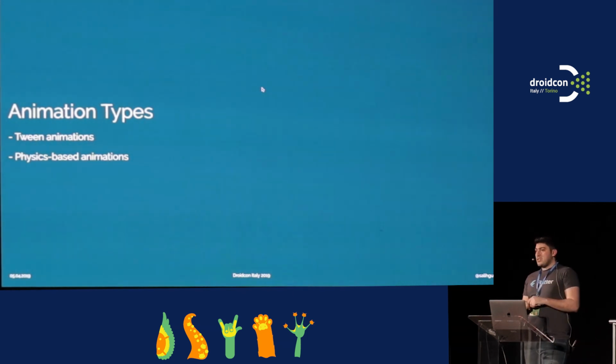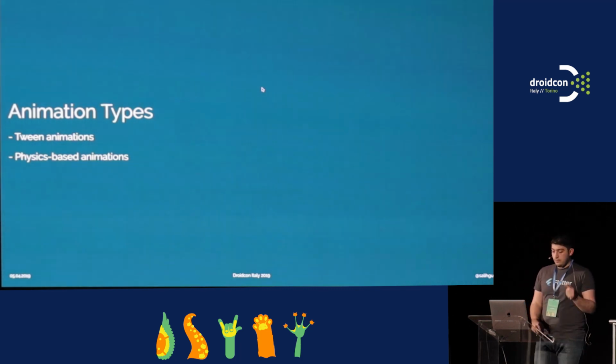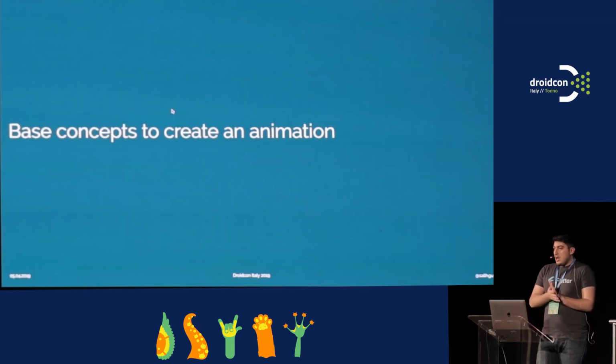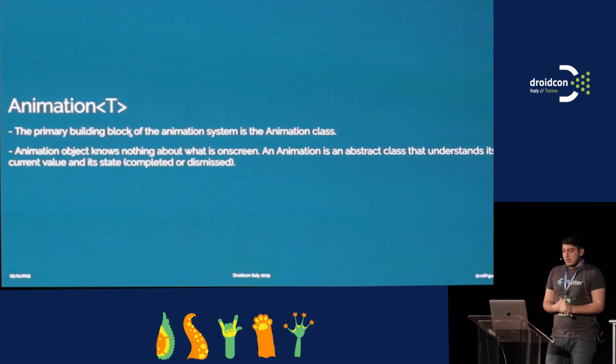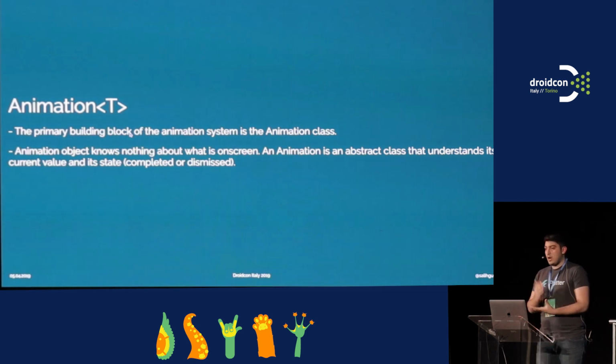And the physics-based animations are using basically the physics rules that we learned in school to give you a life-resembling animation experience. So we will talk about this first. First, we will talk about the tween-based animations and learn what are the base concepts to create an animation. So, for creating an animation, obviously, we need to have a primary building block.